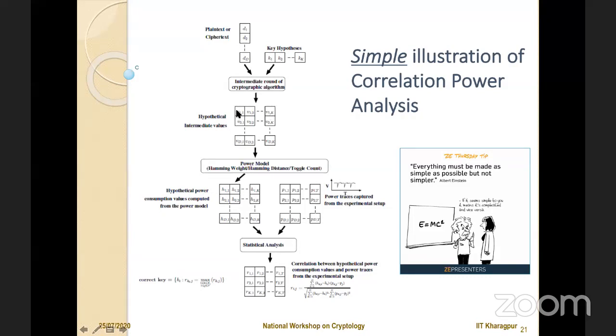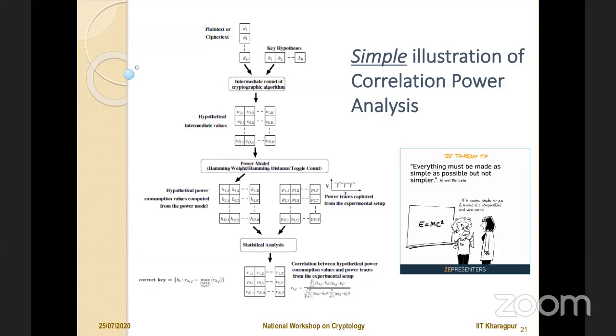Likewise, I do this for all the D ciphertext bytes, and therefore I get a matrix whose number of rows is D and whose number of columns is K. So it's a D cross K matrix. Then I apply something called a power model. Power model is a very popular terminology in the VLSI community, where we would like to predict the dynamic power consumption of a computation.